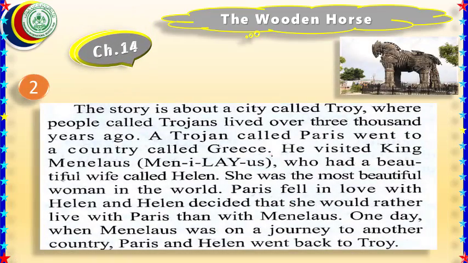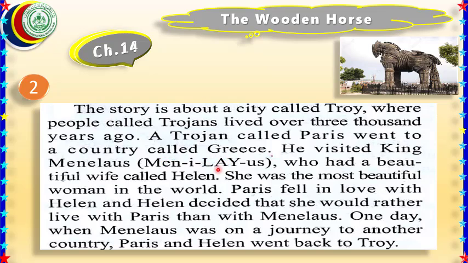This is second paragraph. The story is about a city called Troy. What is the name of the city? Troy, where people called Trojans lived over 3000 years ago. A Trojan called Paris went to a country called Greece.